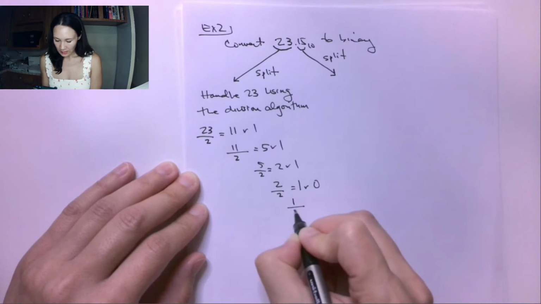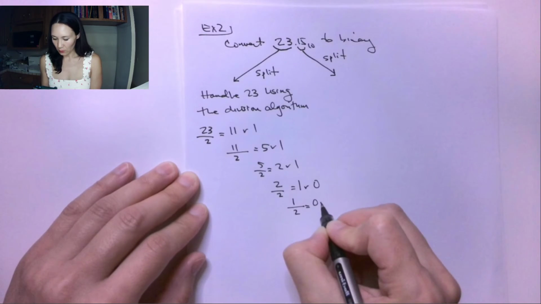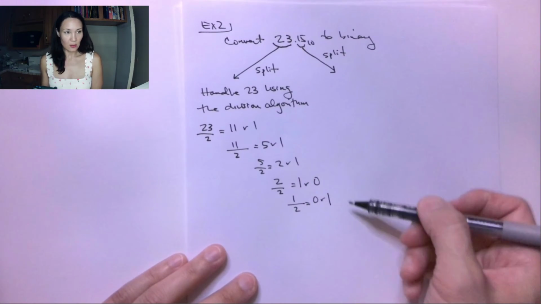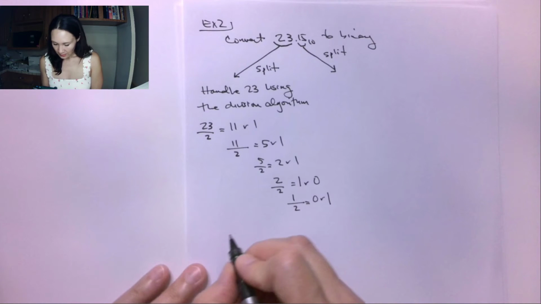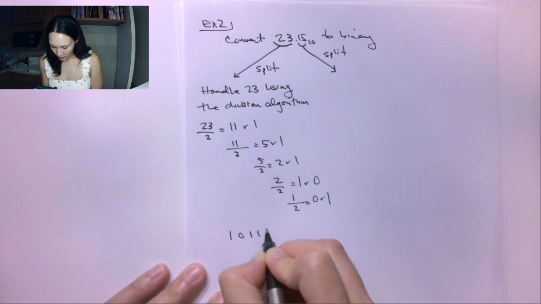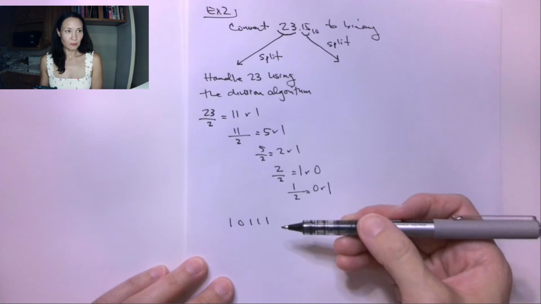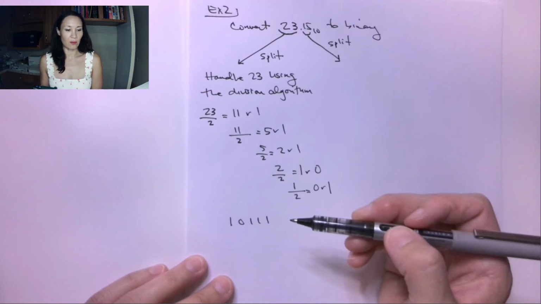Then 1 divided by 2 gives 0 with a remainder of 1. Then I collect all my remainders from bottom to top, so it goes 1, 0, 1, 1, 1. This is the conversion of 23, so I handled the first half of the problem.